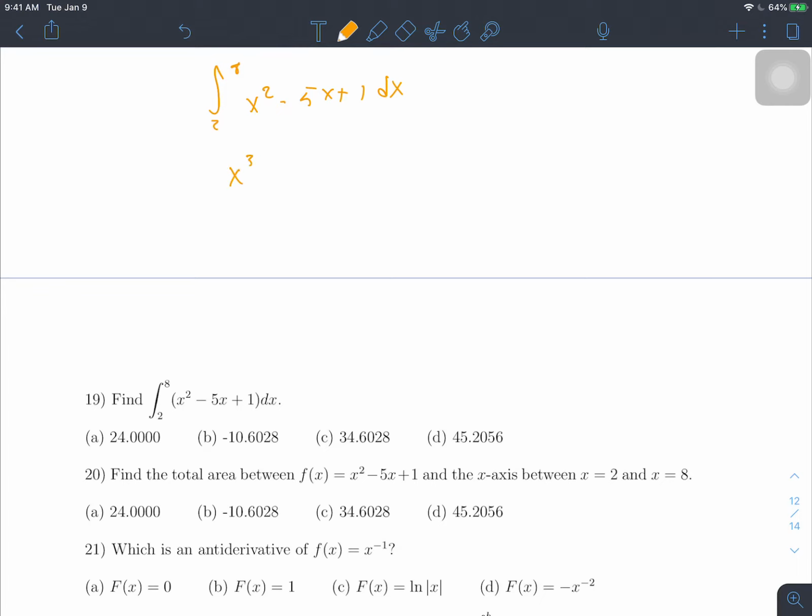It should be x cubed over 3 minus 5x squared over 2 plus x, and we should evaluate this at 2 and 8 using the fundamental theorem of calculus. We plug in 8, we get 64/3 minus 5 times, no wait, 8 cubed. Oh my god, this is going to be painful.